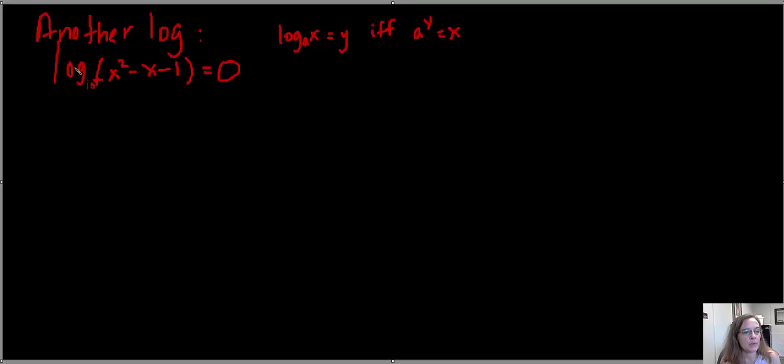That's better. So I have log base 10 because this is common log and it started out just a log, where now I'm going to use this definition and I'm going to have 10 to the 0 is equal to x squared minus x minus 1. So 10 to the 0 is just 1.